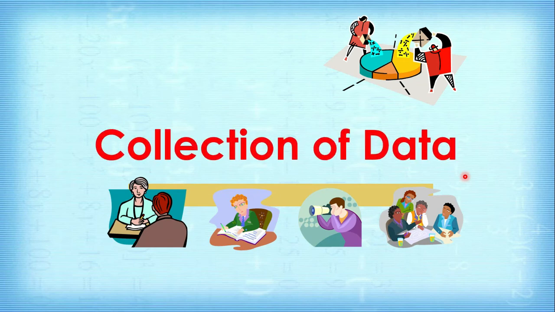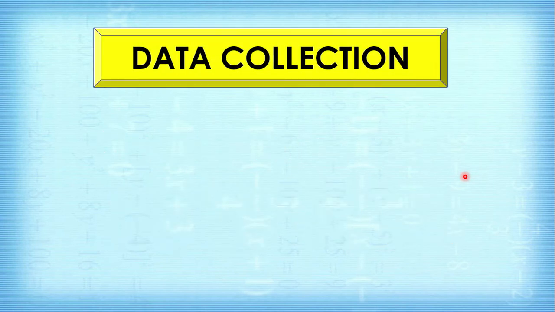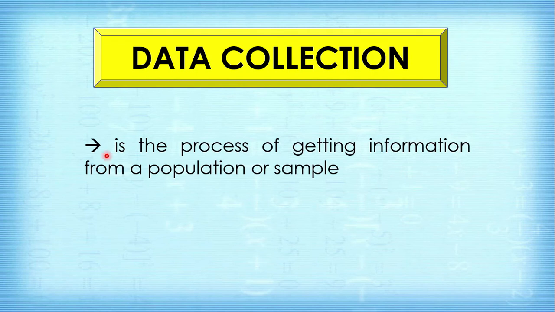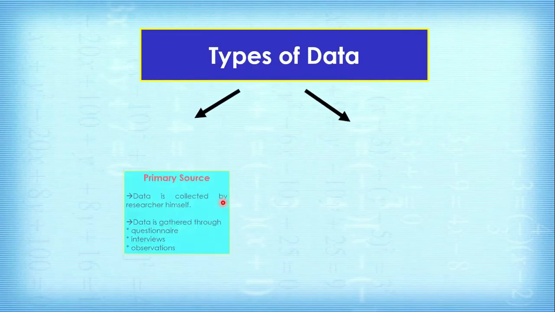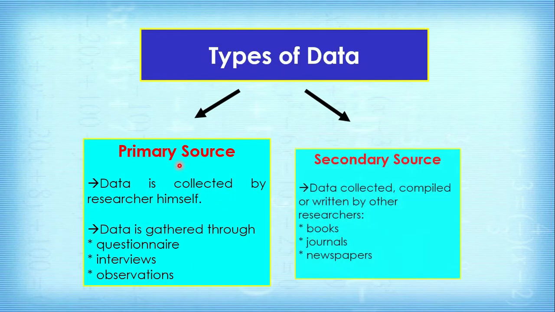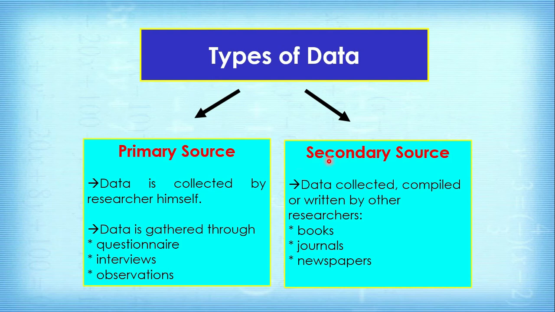Now, if you already have your sample, that is the time to collect the data. Data collection refers to the process of getting information from a population or sample. Types of data: first is primary source, and then secondary source.